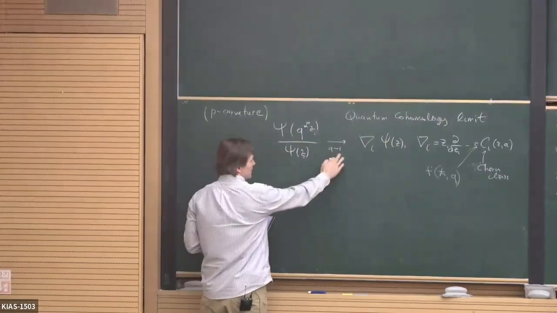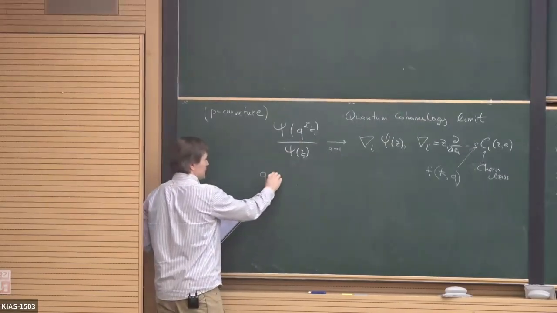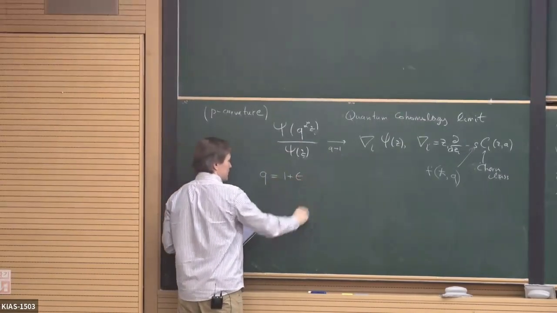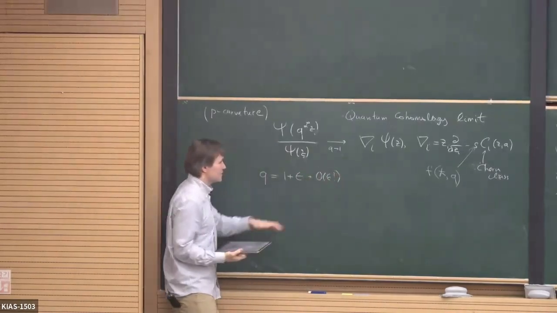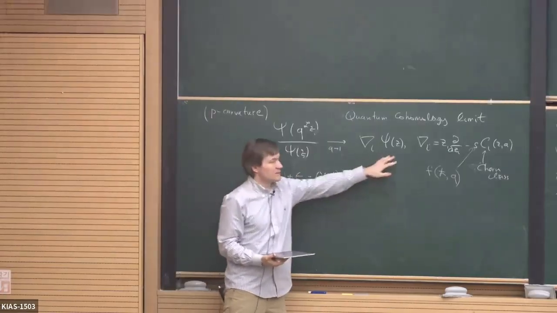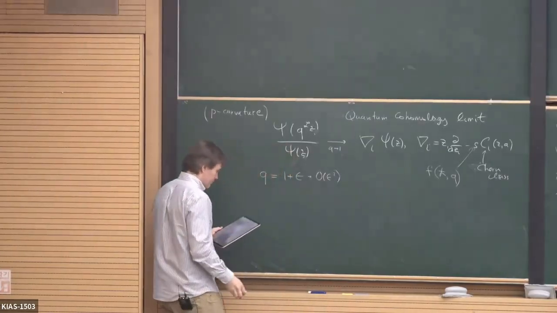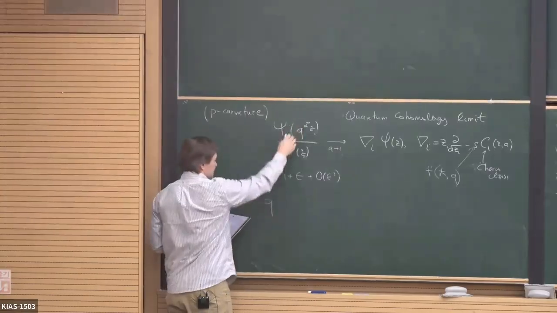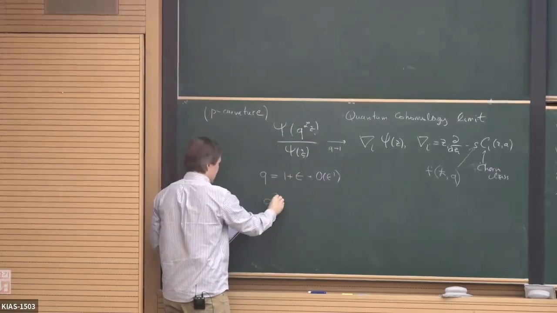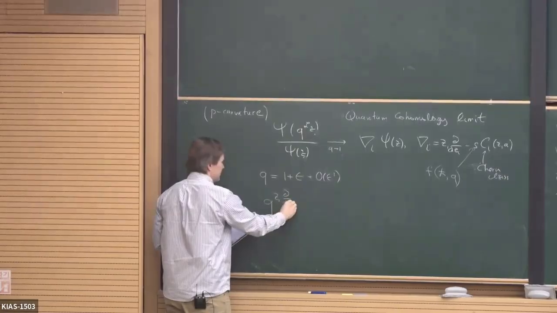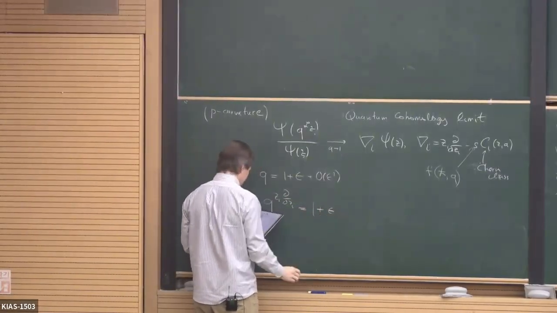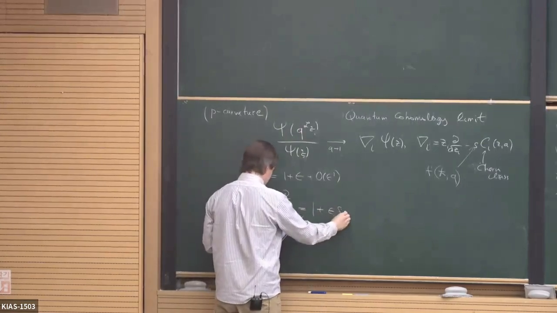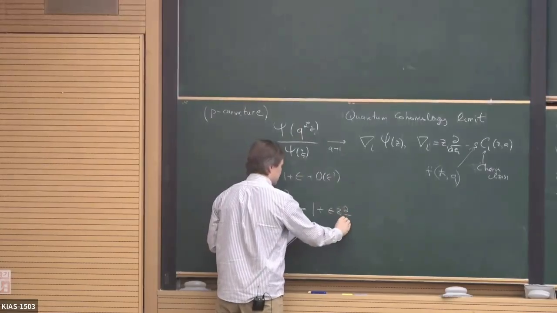Now, how exactly are we going to do this? If you say that q is close to 1, you can just do the first order expansion in epsilon, and you'll get this kind of contribution. Similarly, for the q difference operator, if you have q to the z_i d over dz_i, this difference operator is going to be 1 plus epsilon z_i d over dz_i, and so on.